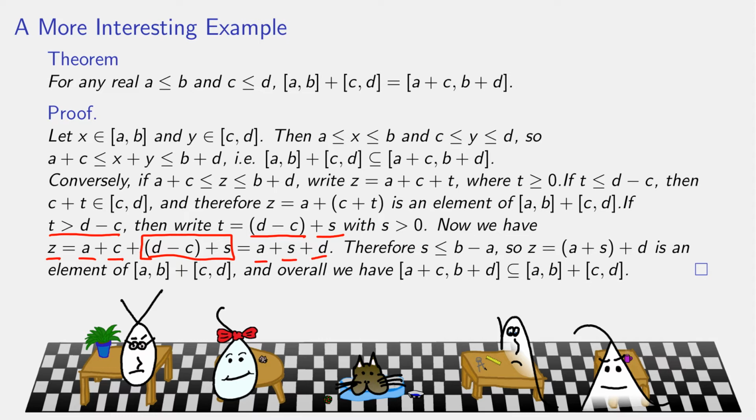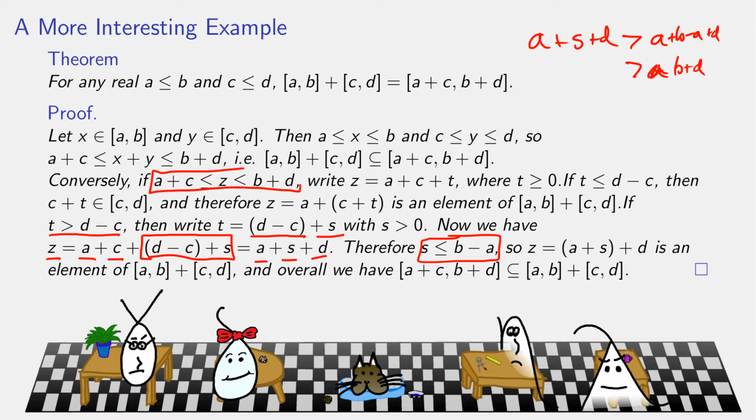The thing that we added on, s, cannot possibly be bigger than b minus a. If it were, then a plus s plus d would be bigger than a plus b minus a plus d, which is b plus d. However, what did we assume about the element z that we started with? It was not bigger than b plus d.